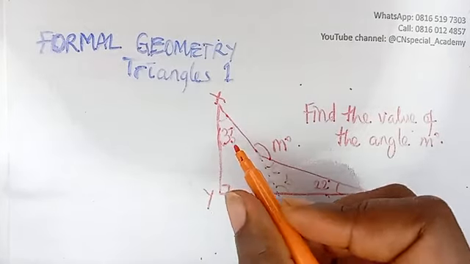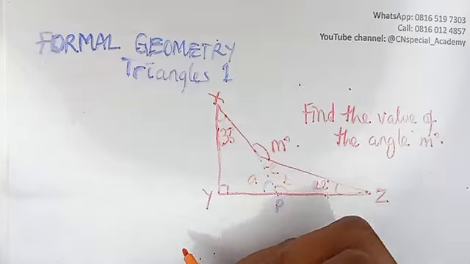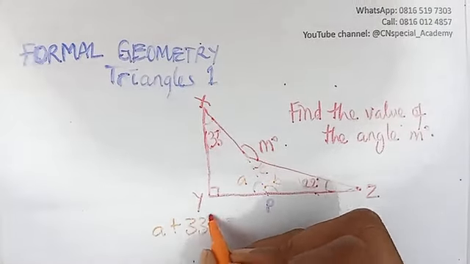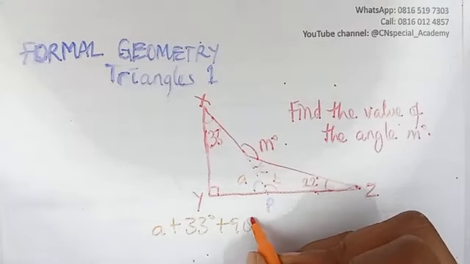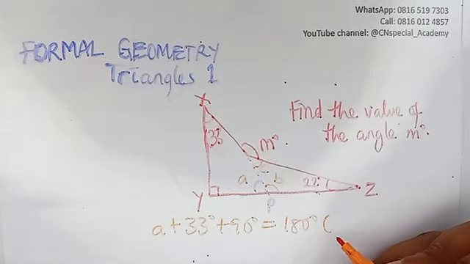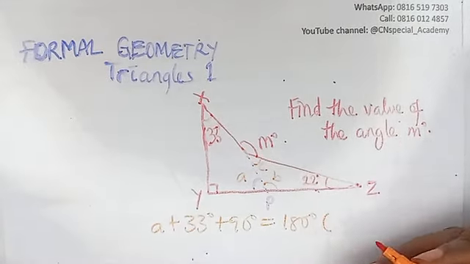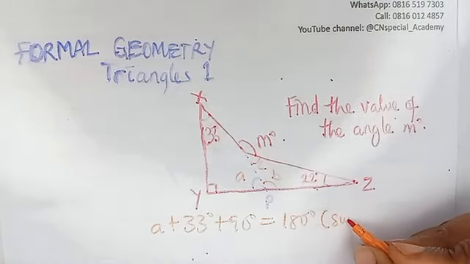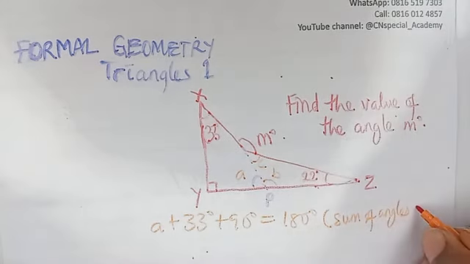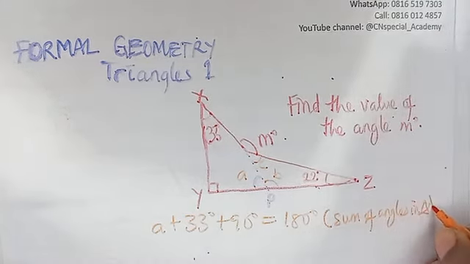So this is 90, this is 33. Finding A is very, very easy. We are going to say that angle A plus 33 degrees plus 90 degrees is equal to 180 degrees. And our reason for making this statement is sum of angles in a triangle.